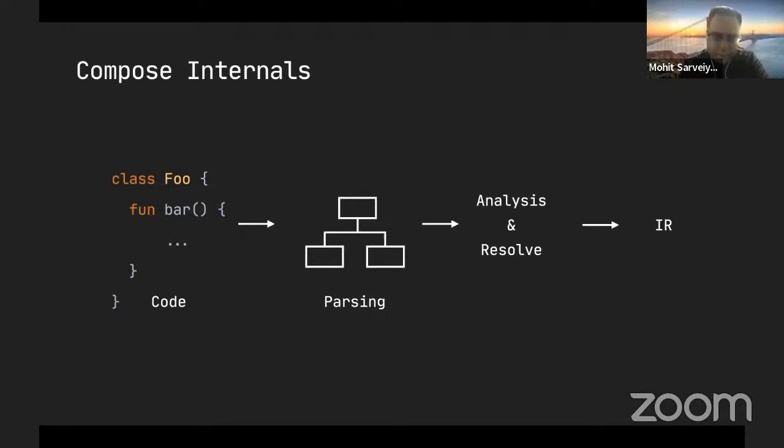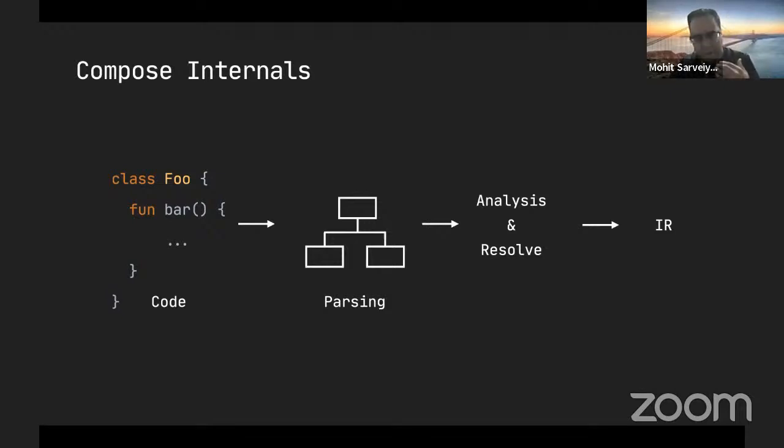And when you look at the Kotlin compiler, you have different phases. You write your code, it gets parsed into a tree, and then there's an analysis and resolve phase. Then it converts everything into an intermediate representation.